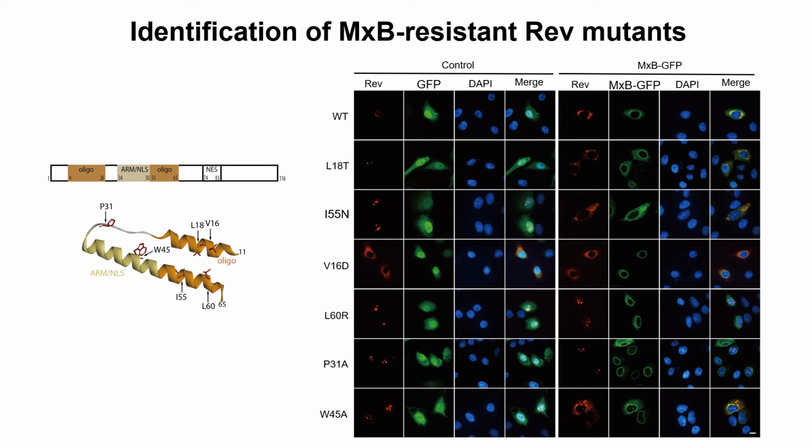The green signal is MxB and the red signal is Rev. We found that L60R and P31A still localize in the nucleus in the presence of MxB, thus resisting MxB inhibition. We also measured the function of these Rev mutations and found that the L60R mutant was severely impaired in stimulating Gag expression. We thus focused on the P31A mutation in the following studies.